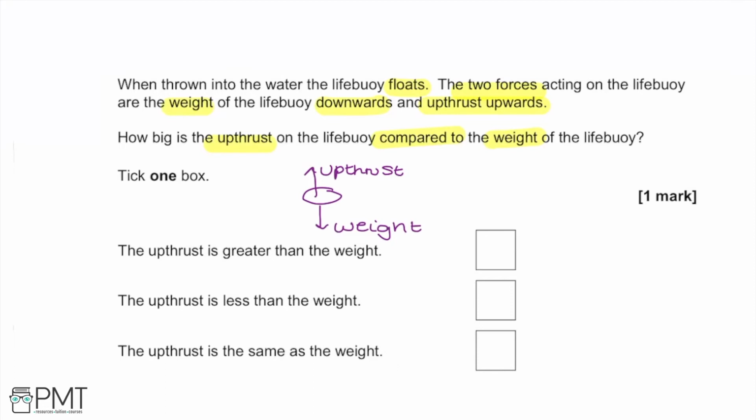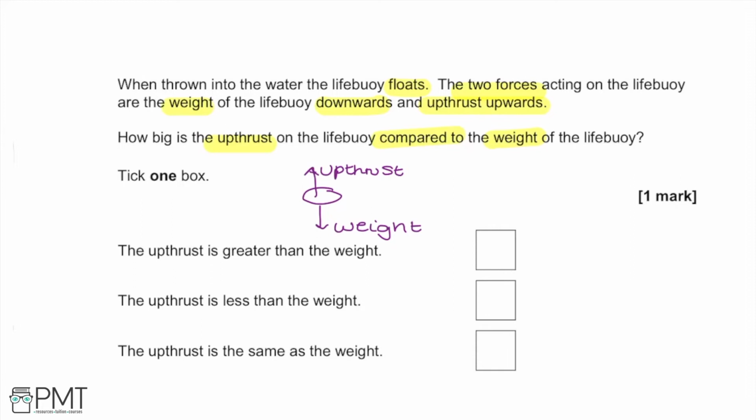So for this object to float on the surface of the water, it needs to be in equilibrium. The forces acting on it need to be in equilibrium. So this basically means that there's no resultant upwards or downwards force for it to stay floating on the surface of the water, there needs to be no resultant force.